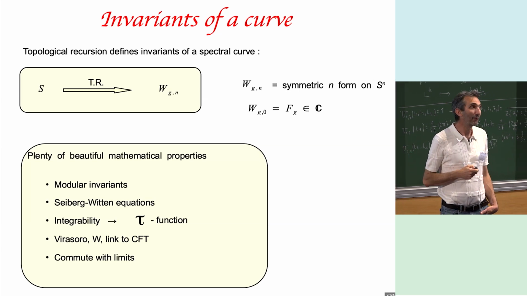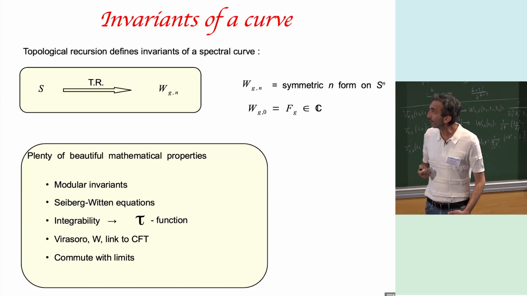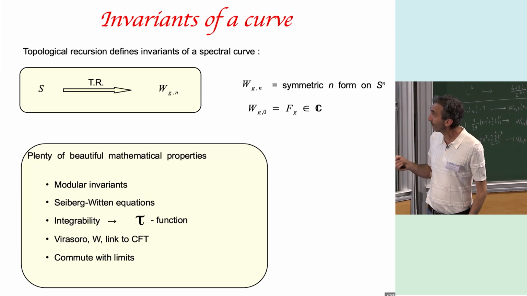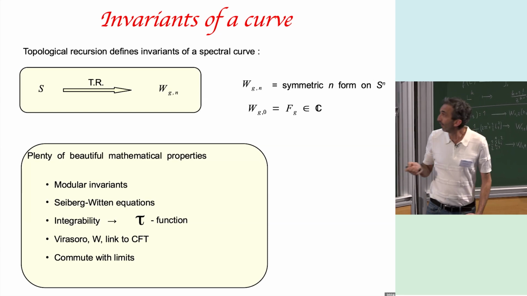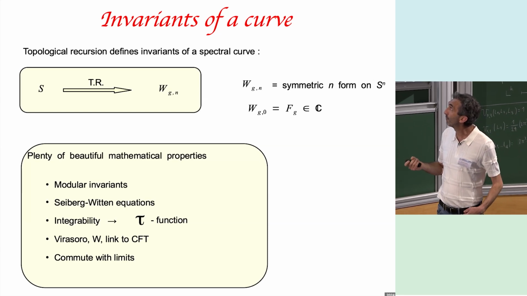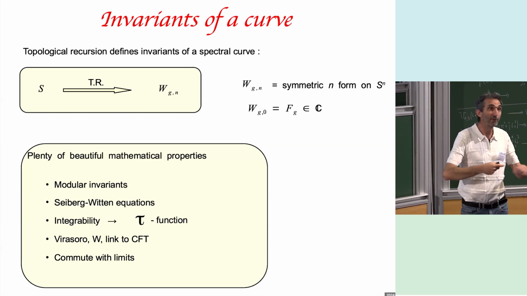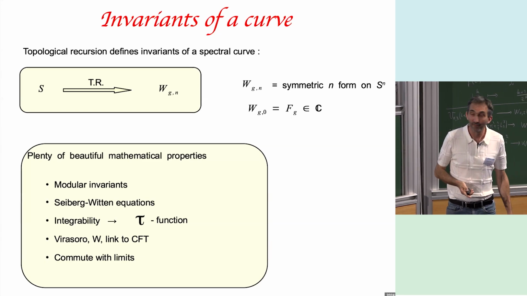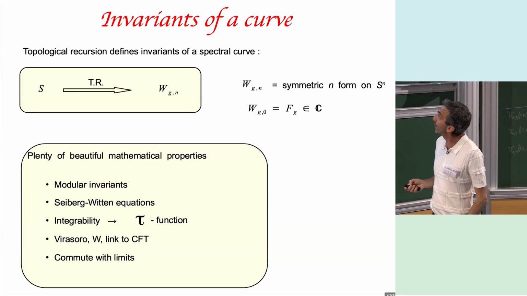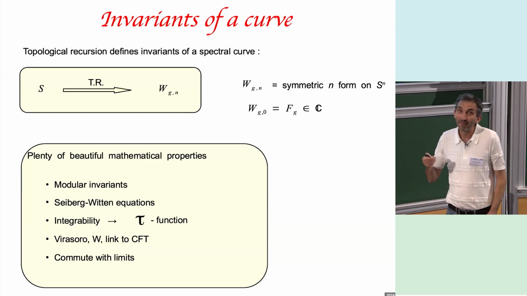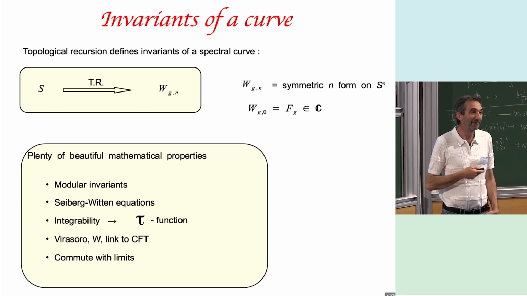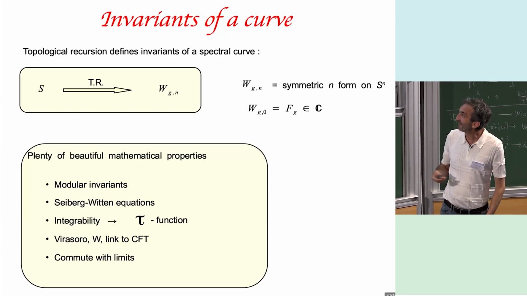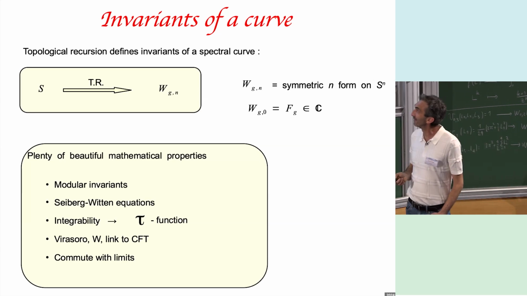You can always build a formal integrable system from these objects. They satisfy Virasoro or W-algebra equations. And they have nice properties of continuity when you deform your spectral curve and so on. They are really beautiful, extremely fascinating mathematical objects, and now there is really a field of topological recursion in mathematics.